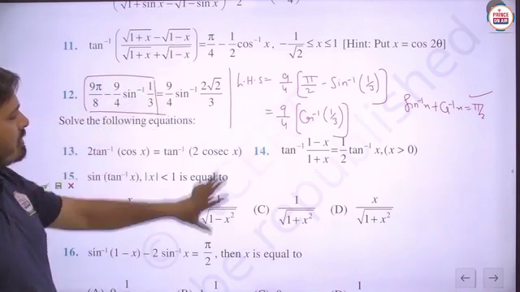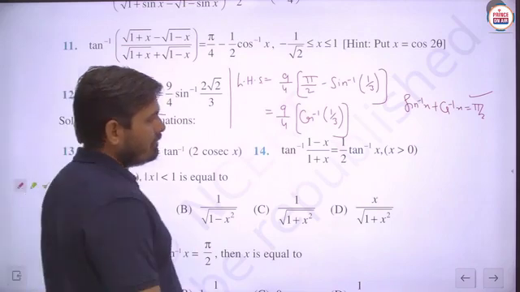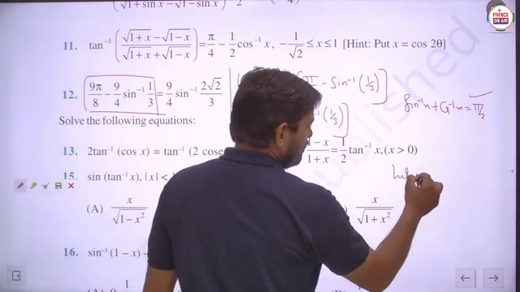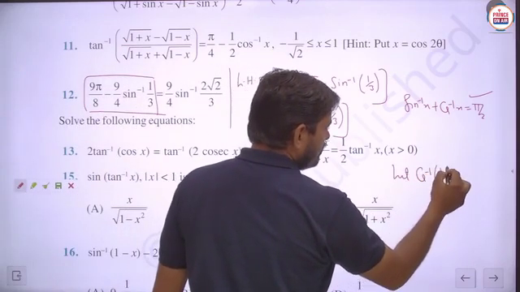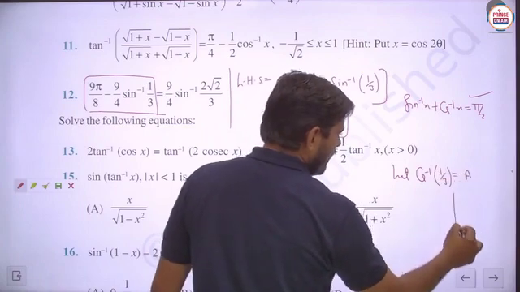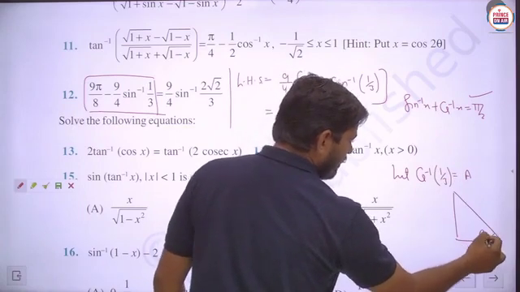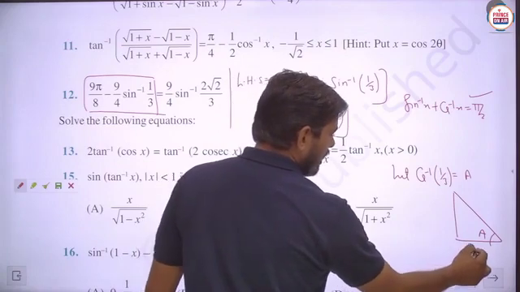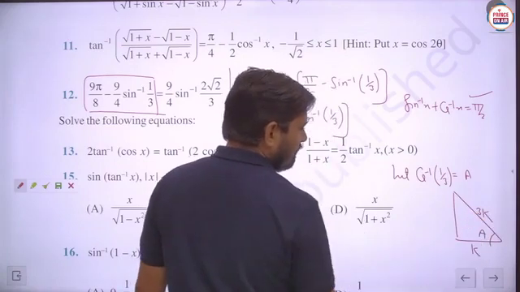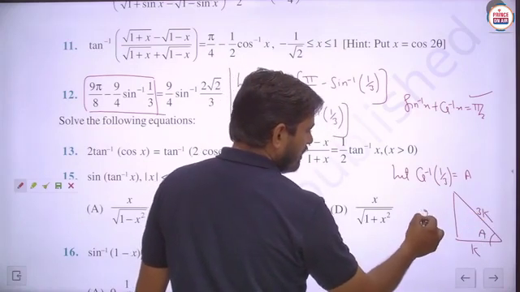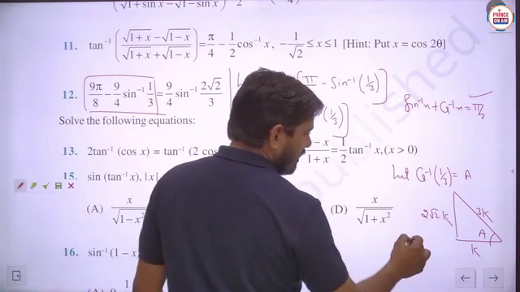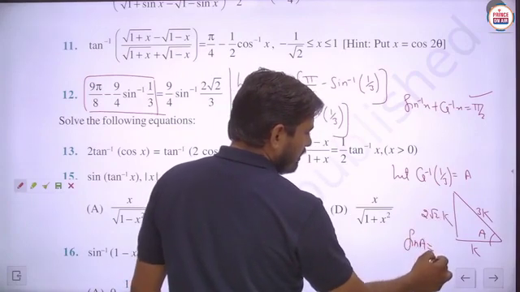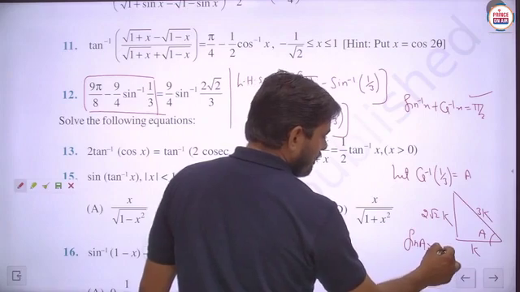But your answer should be written in the form of sine inverse again. So definitely you can let cos inverse of 1 by 3 be a, and you can make this right angle triangle. This is k and this is 3k, then definitely this is root 8, or you can write here 2 root 2k. So finally we write sine a, which will be 2 root 2 divided by 3.